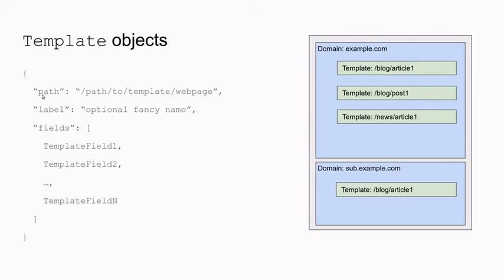The first one is the path. Remember that we said that a template was a specific example web page for which we have indicated precise instructions of how that web page should be translated. So the path property indicates the path to this specific web page. In this case, if we were working in example.com and we are defining a template for /article1, then path would be /article1.